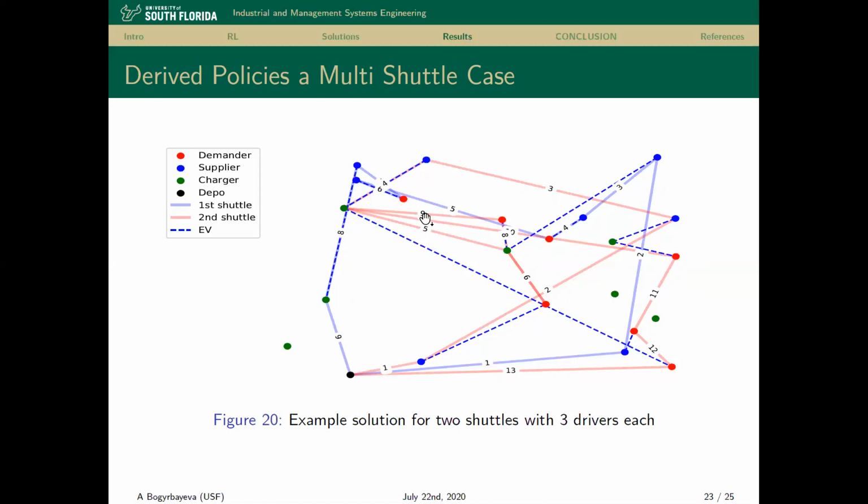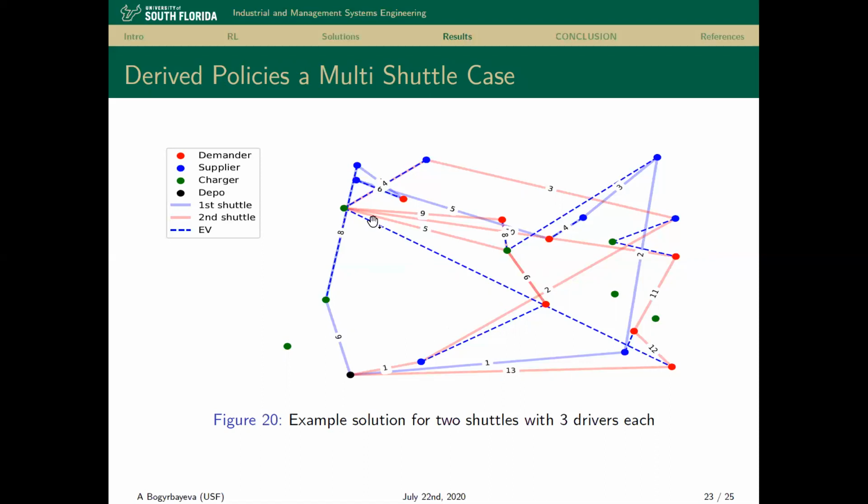Being able to be picked up by different shuttles is also not available in the existing heuristic solutions, because of how they solve this multi-shuttle case: they don't solve the whole network. They cluster the network into some k number of shuttles, and each shuttle is basically routing in its sub-network, fully autonomously making its routing decisions on that small network and then returning back to the depot.